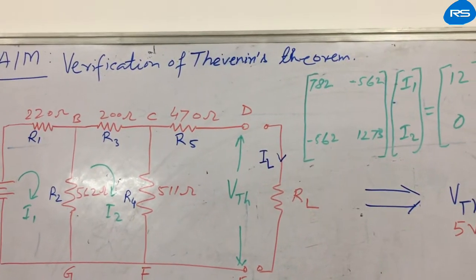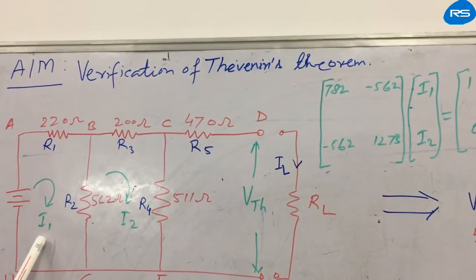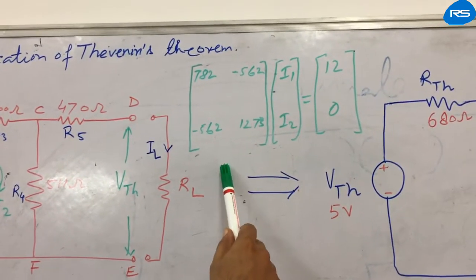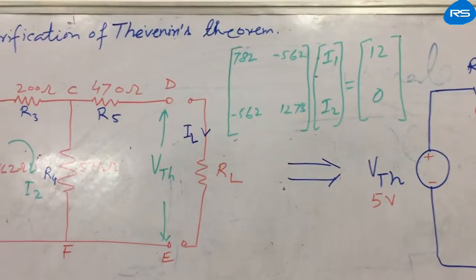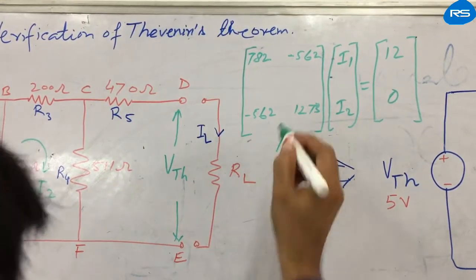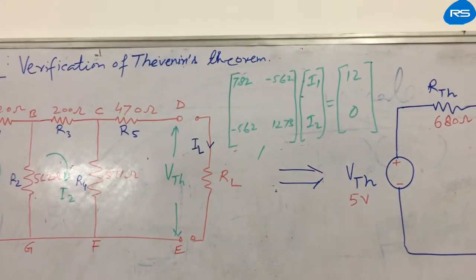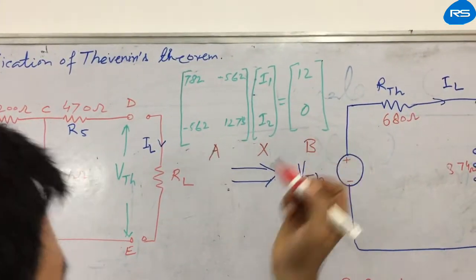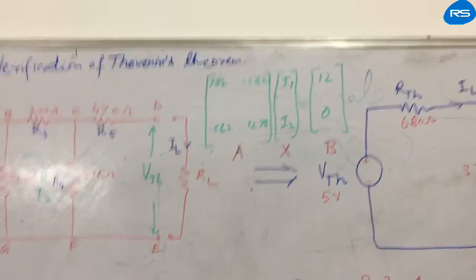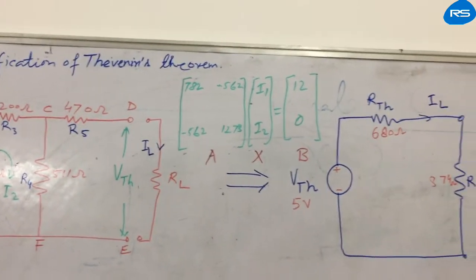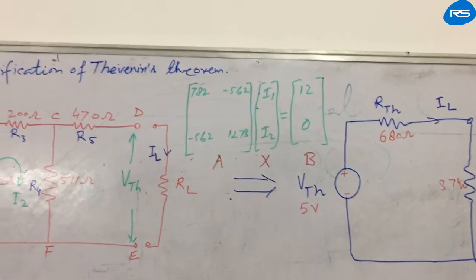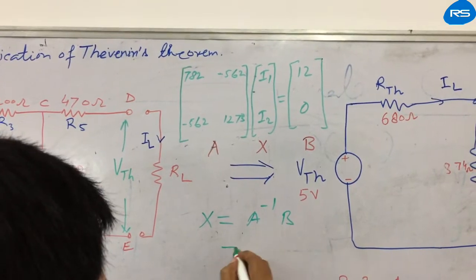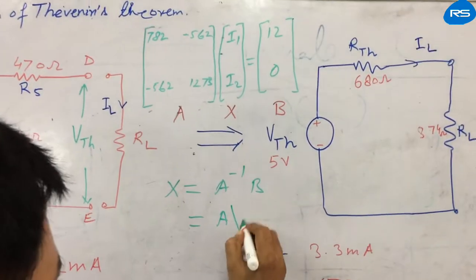After writing the mesh equations with the help of KVL, we have this kind of matrix having coefficient matrix A, let it be A, X, and this as B. So in order to find the solution of this matrix, we can write X equal to A inverse B, or in other words we can write A backslash B.